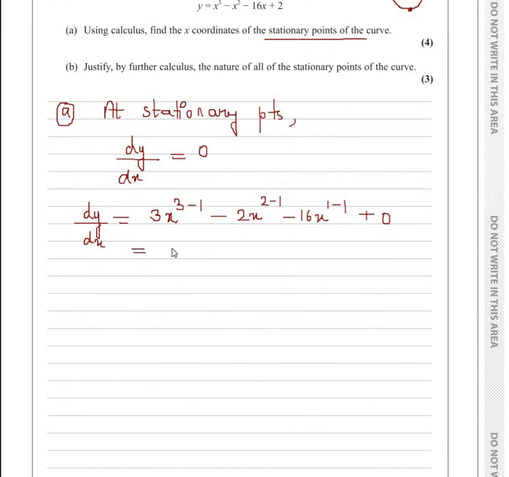So this simplifies as 3x squared minus 2x minus 16. This is our dy by dx.